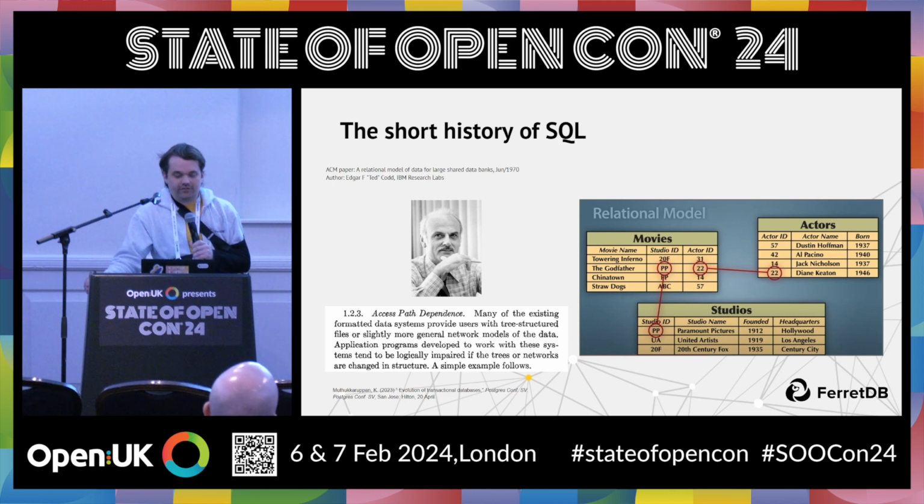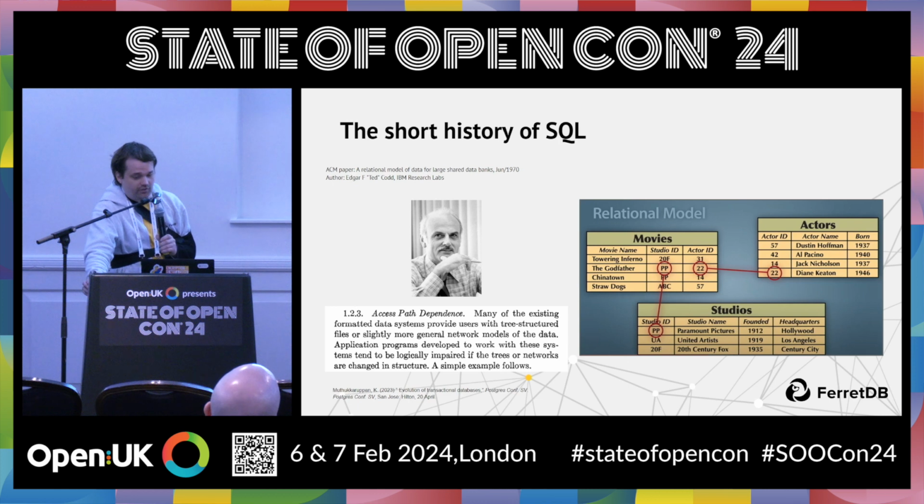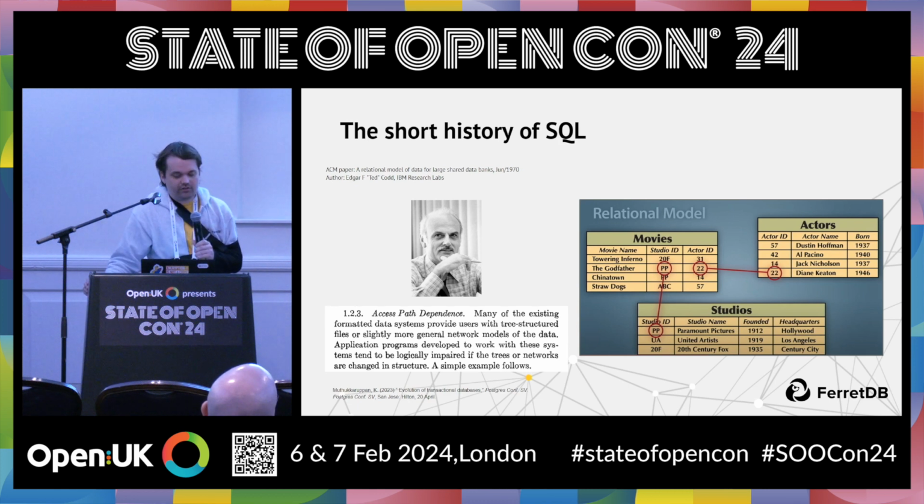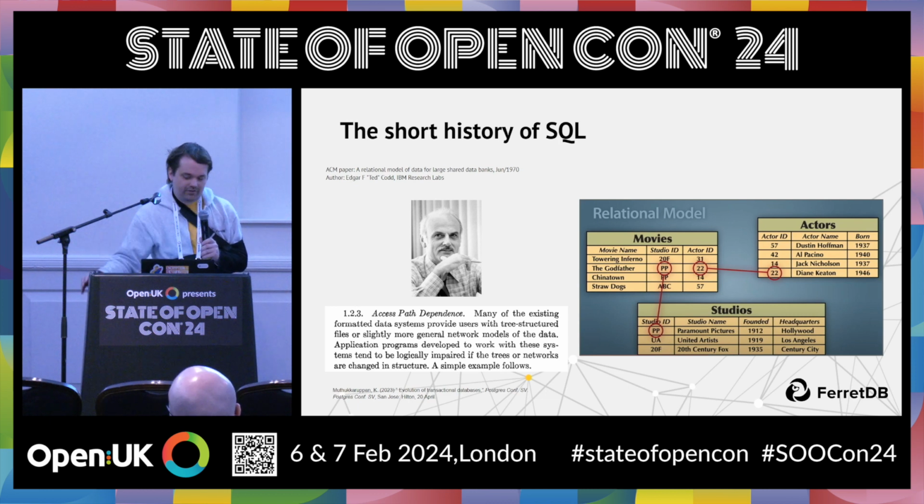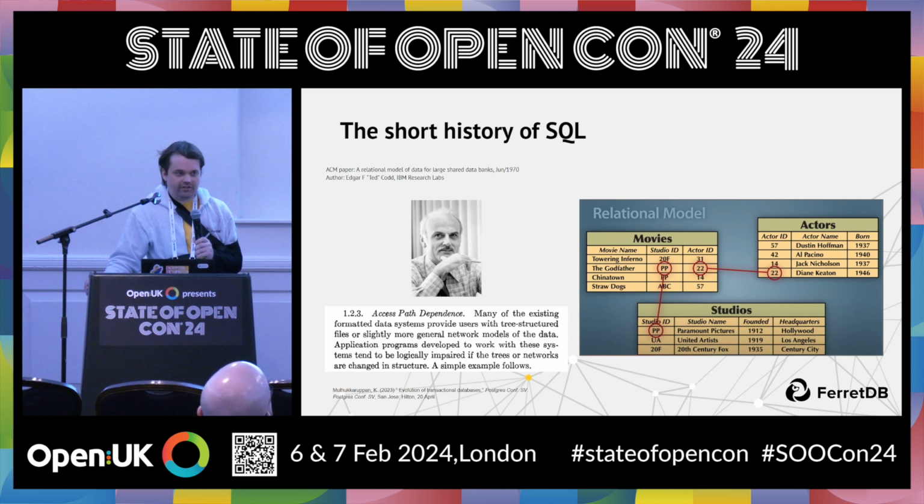So how this started is that there was an IBM Research Center in the 70s. There was a person called Edgar Codd. He was a researcher in the Palo Alto IBM research lab, and he came up with the relational model. Before that, it was much less efficient to store data in a database and to query data from a database.